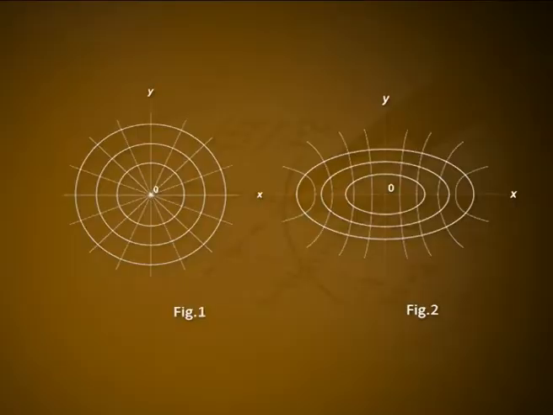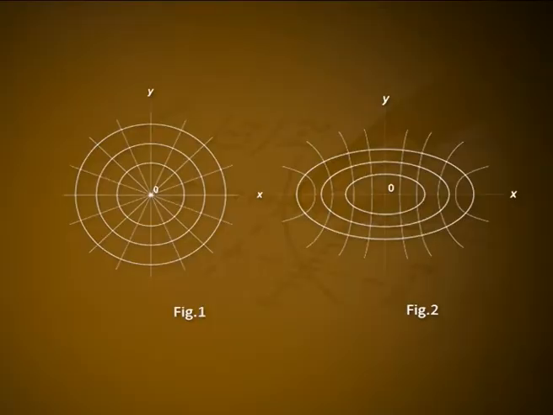For example, the orthogonal trajectory of the family of straight lines defined by the equation y is equal to kx, where k is a parameter, that is the slope of the straight line, is any circle having center at the origin defined by x square plus y square is equal to r square, as shown in figure 1, where r is the radius of the circle.